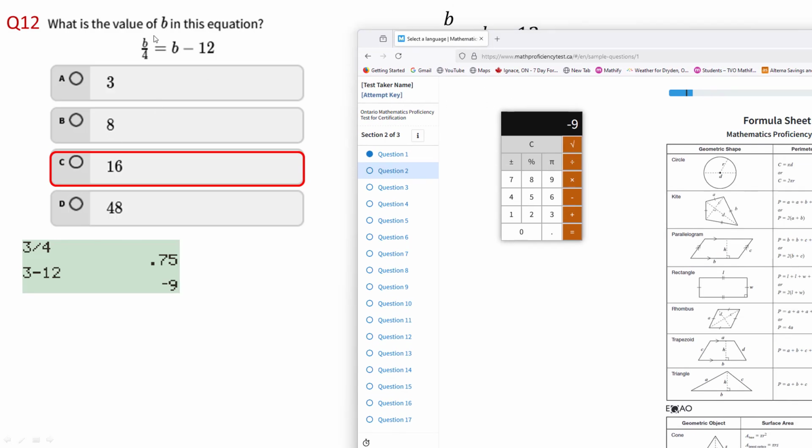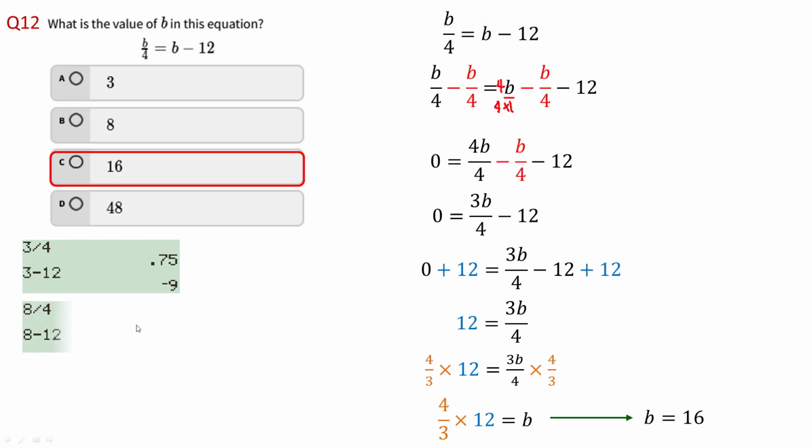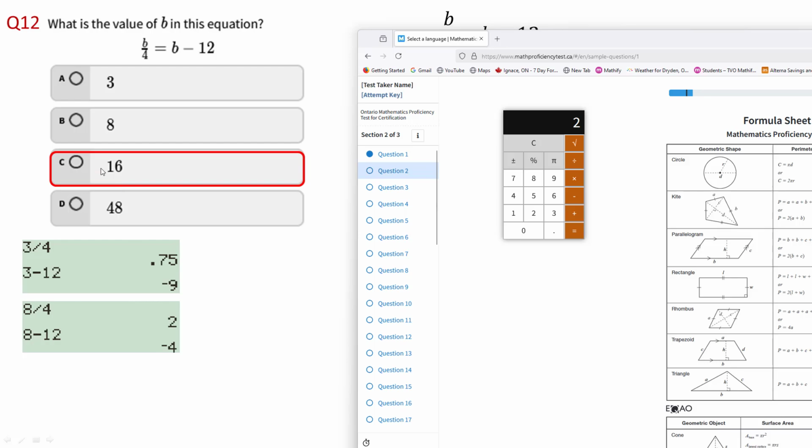Now let's try the 8. 8 divided by 4 is 2. I'll put the screenshot up here. So there's the 2. And on the right side, if I put 8 in place of b, 8 minus 12 is negative 4. So 2 and negative 4, not the same number. So that doesn't work either.